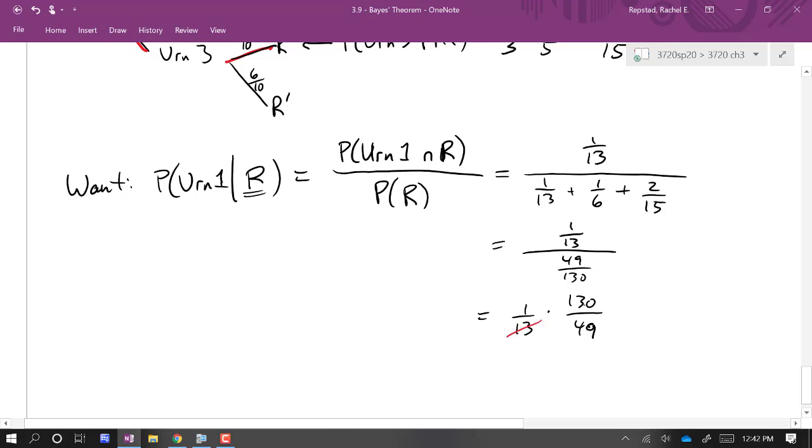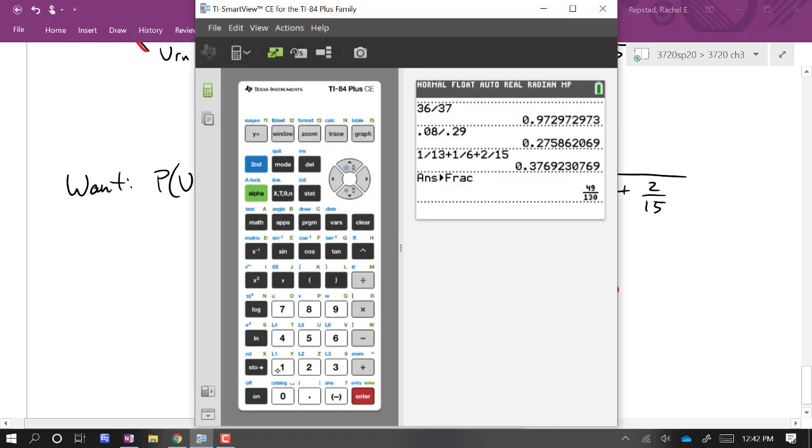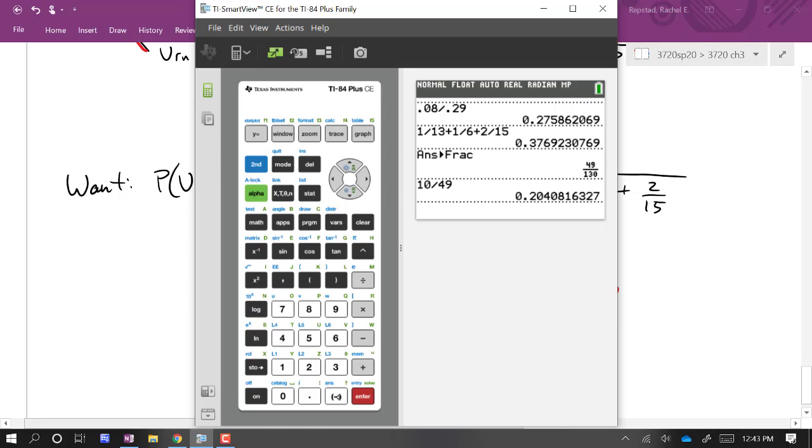We can do some canceling. So we get 10 out of 49, which is approximately 0.204.